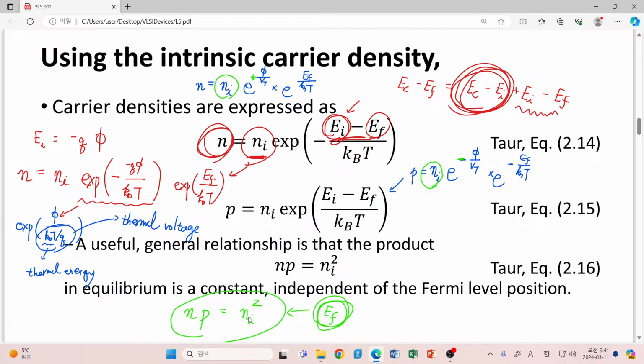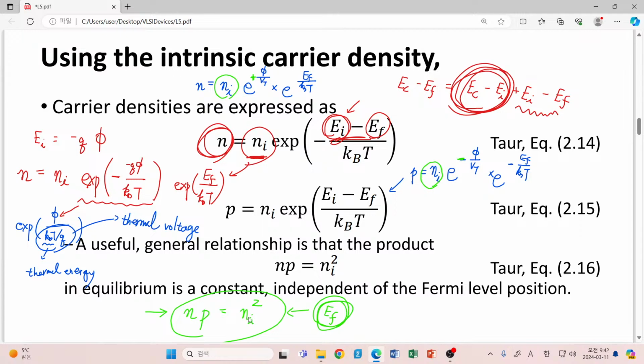It does not depend on the location of your Fermi level. Even when you have intrinsic material, extrinsic material, regardless of doping density, at equilibrium, always you have this relation: np product equal to n sub i squared.